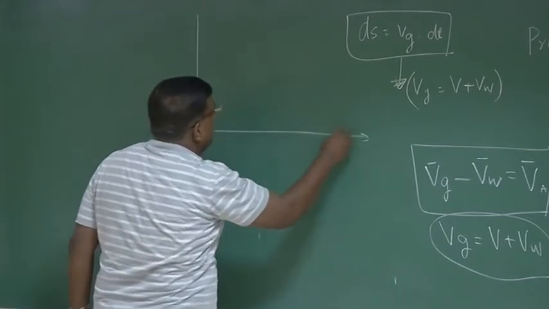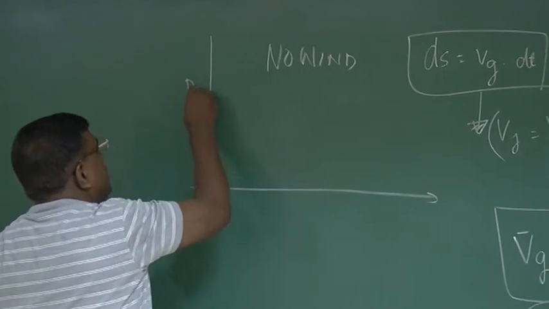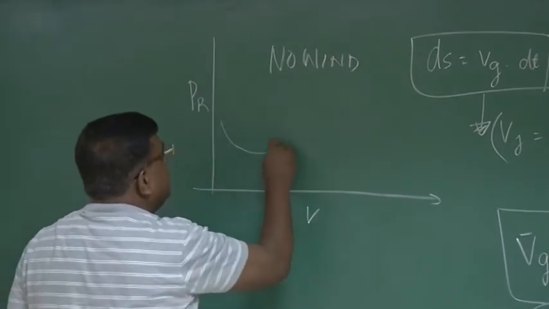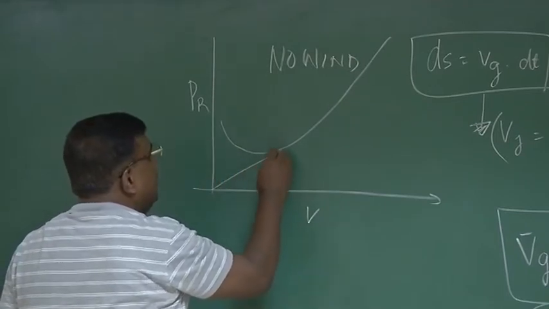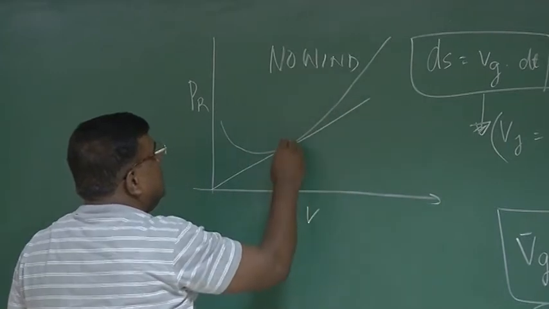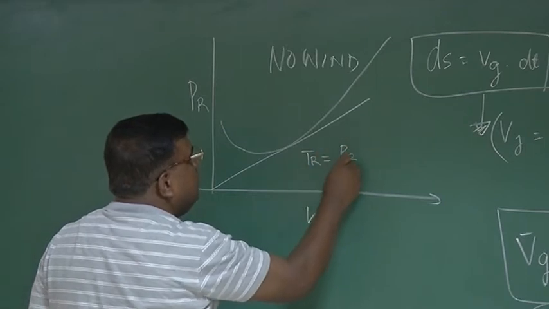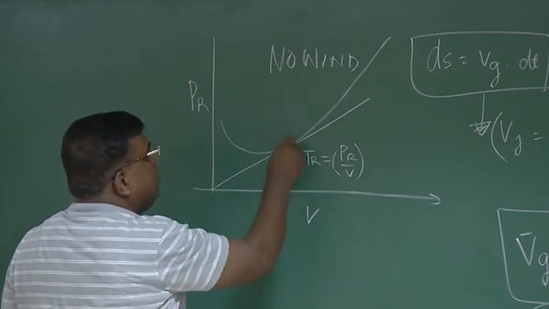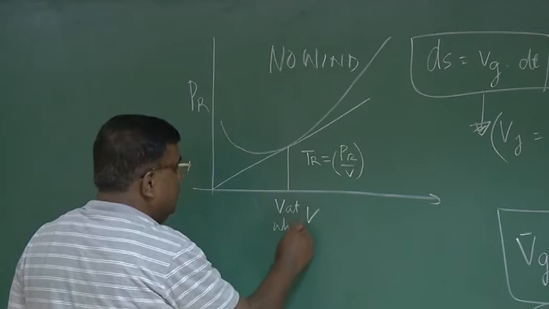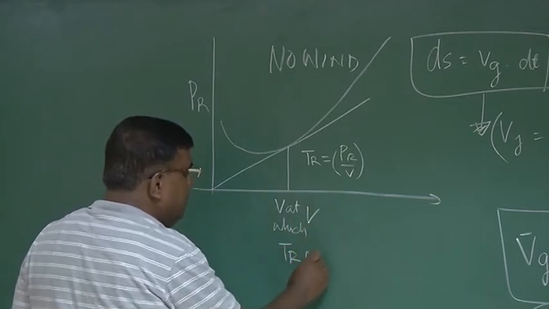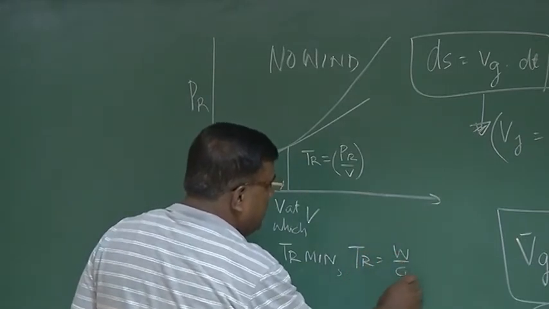If I draw, let's say no atmospheric wind, PR, and this is V. I know this is the power required versus velocity, and when I draw this tangent, the slope is TR equal to PR by V. So this is the speed at which thrust required is minimum, and you know thrust required equals W by CL by CD.